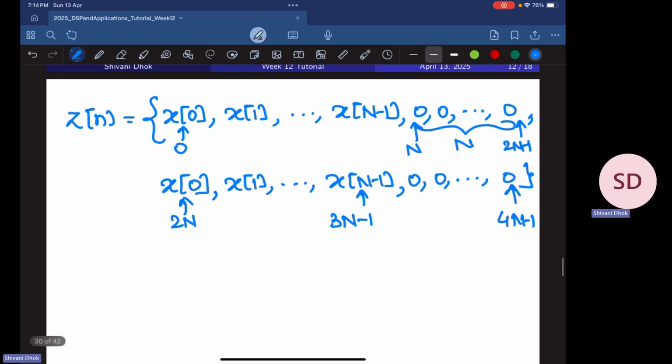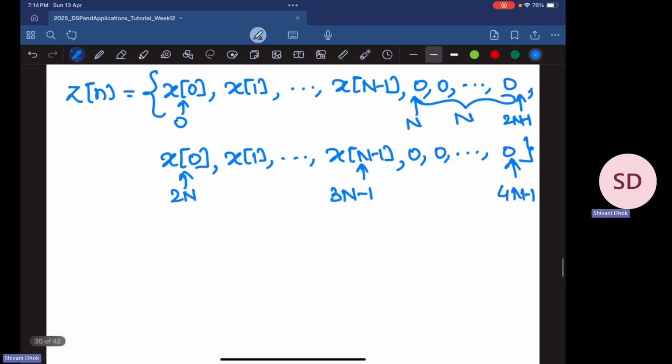Now I can write this as a sum of two different sequences.